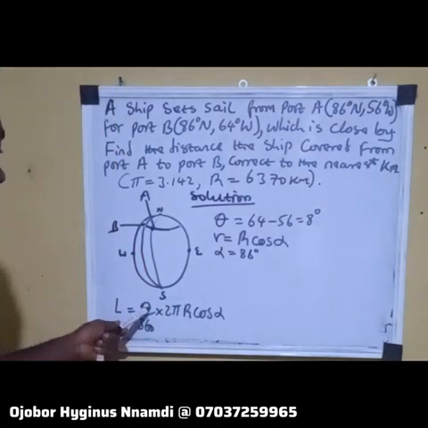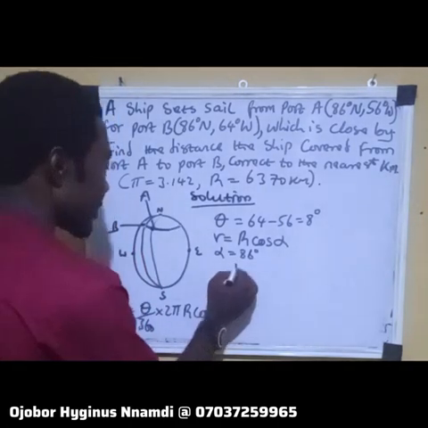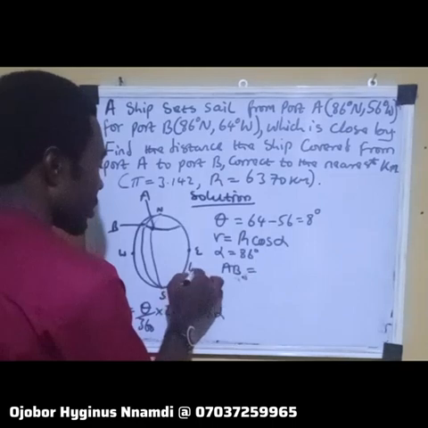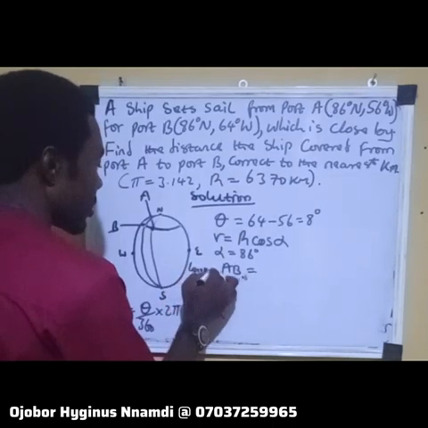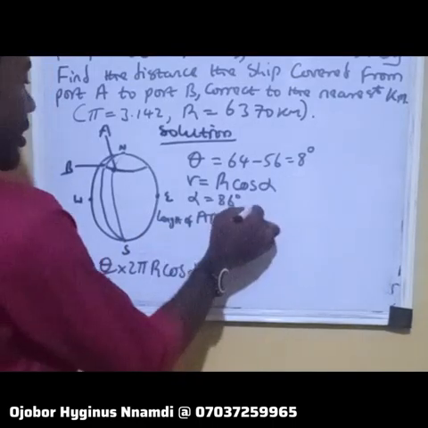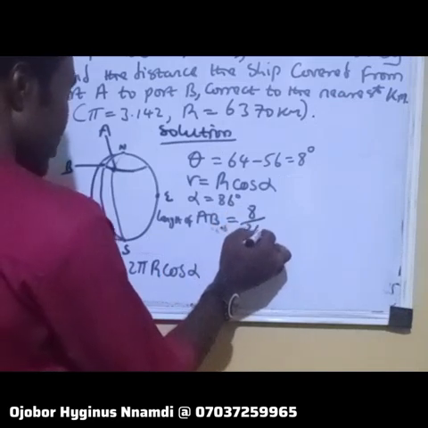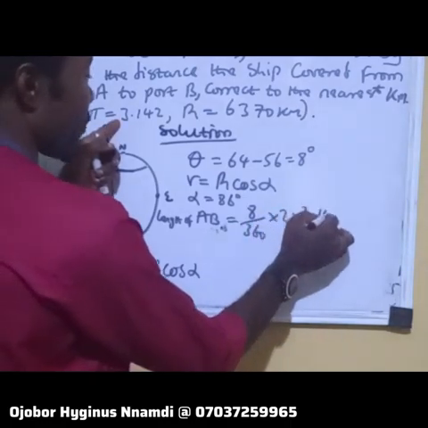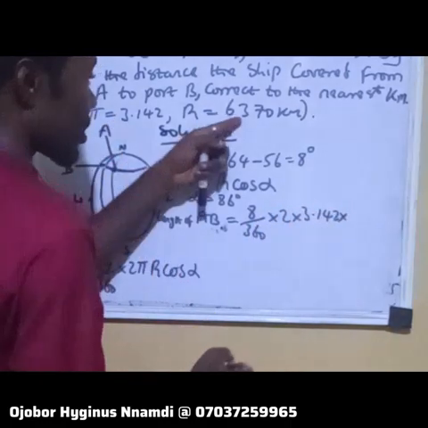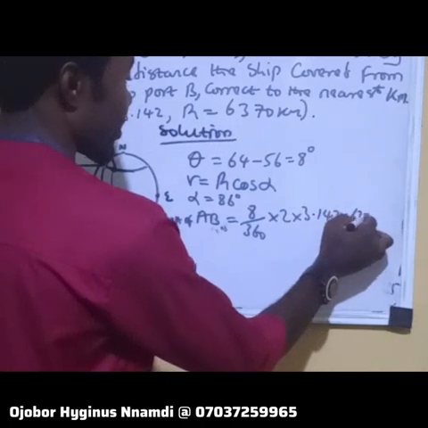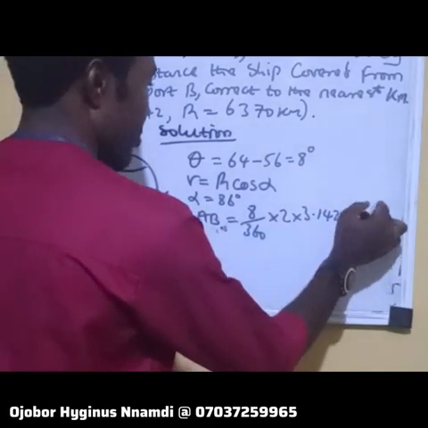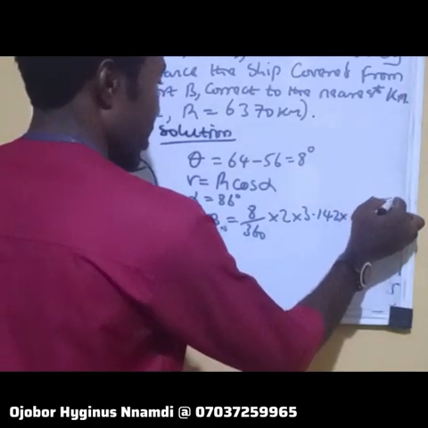So let us now see how we can find this. The length of this arc AB is equal to theta, which is 8, divided by 360, times 2, times pi, which was given to us as 3.142, times R, which was given to us as 6,370, then times cos alpha, which is cos 86.